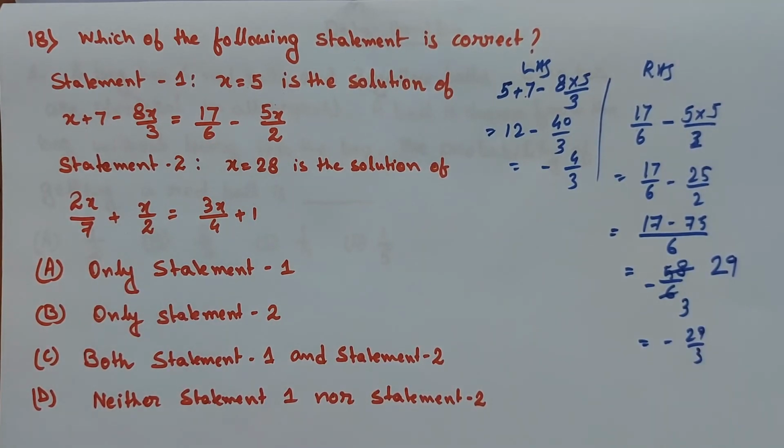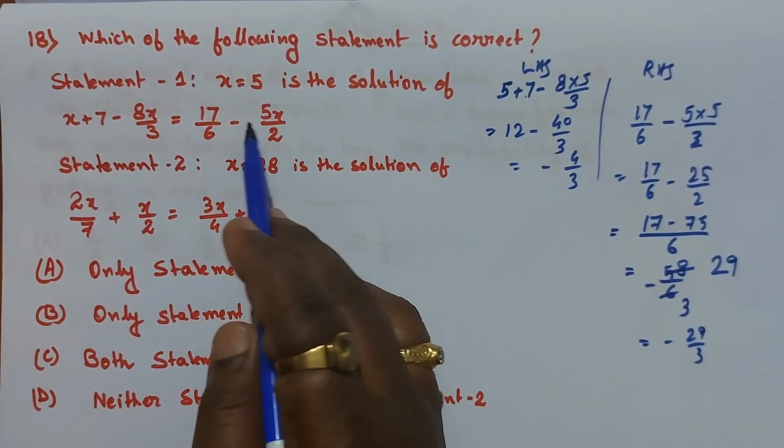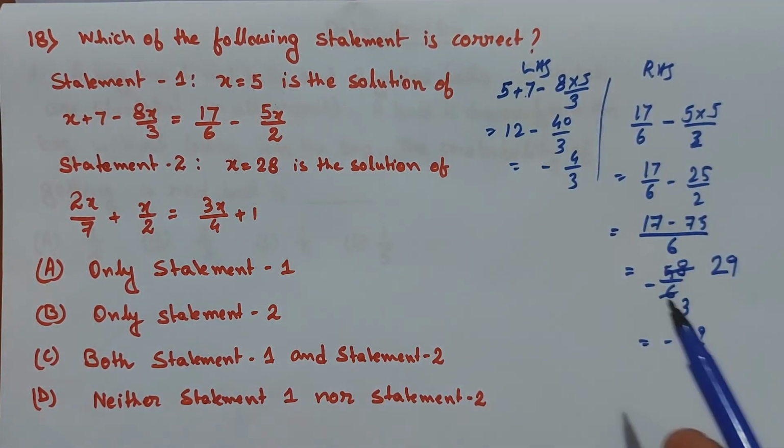So you can see that minus 4 by 3 and minus 29 by 3 are obviously not equal. So x equals 5 is not a solution for this, and statement 1 is wrong.